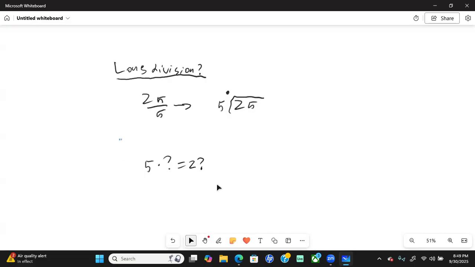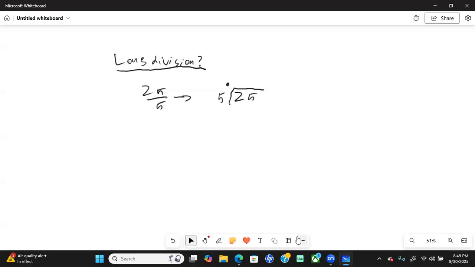So, what do we do in this situation when we cannot do some operation? We put 0. And then we no longer pretend like this doesn't exist. We then do 5 times what number equals 25? Well, 5 times 5 is 25.